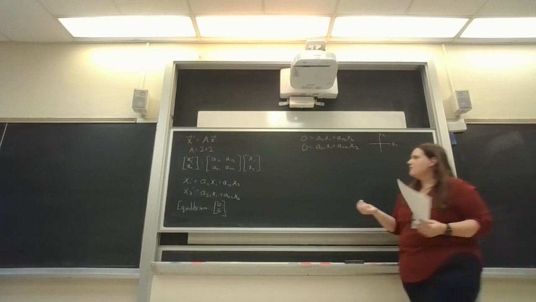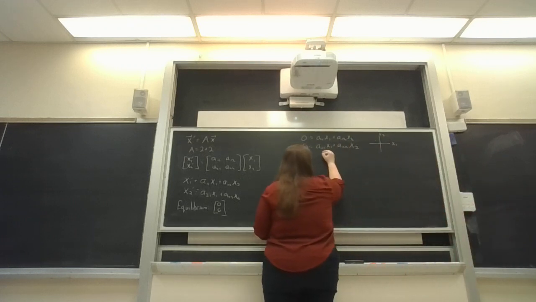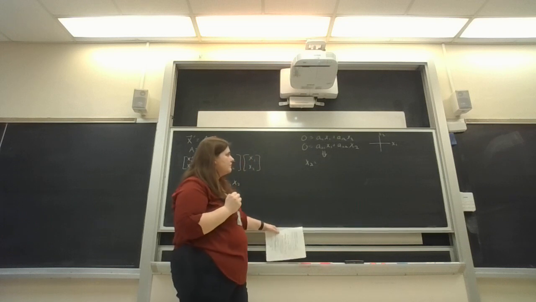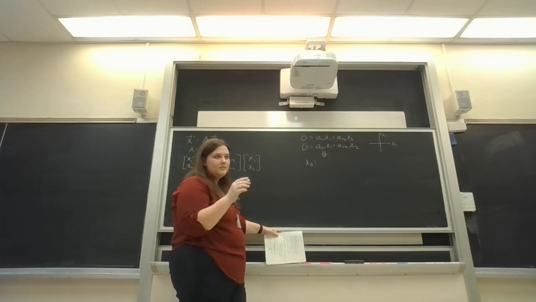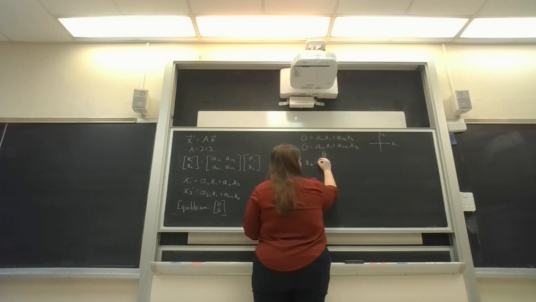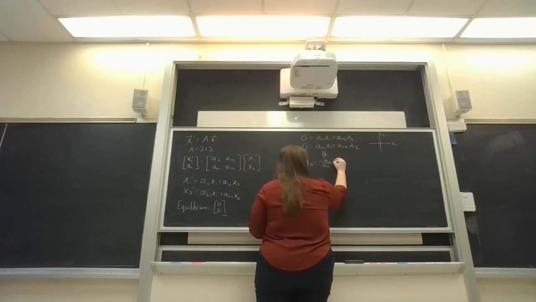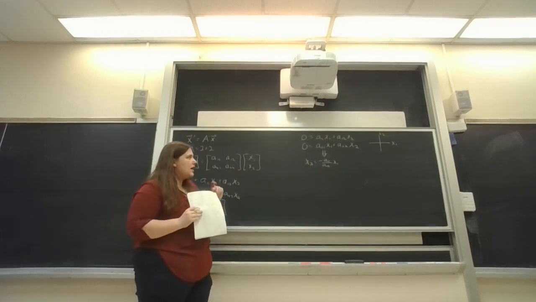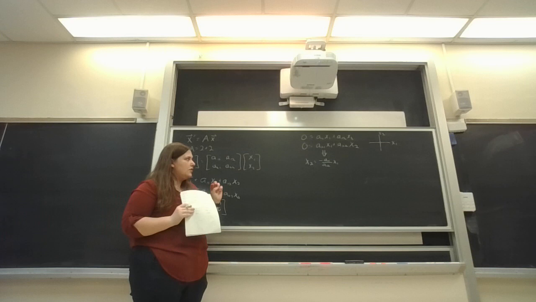If I solve my first equation for x2, I would get negative a11 over a12 x1, by subtracting a11 x1 to the other side and then dividing everything by a12.